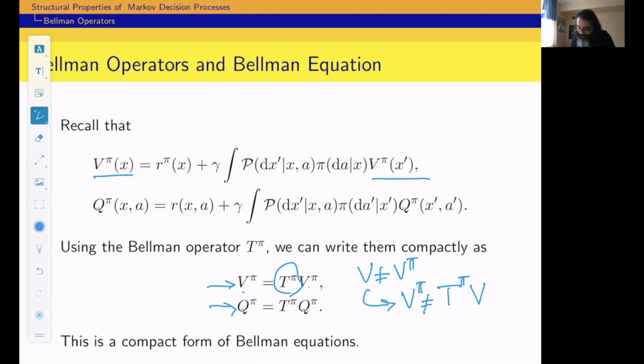But if it happens to be V pi, then this becomes equality. That's an interesting thing: when both sides are V pi, then that is going to be equality. Otherwise, it wouldn't be equality. I'm going to talk a little bit more about this, but this type of equation is called a fixed point equation.